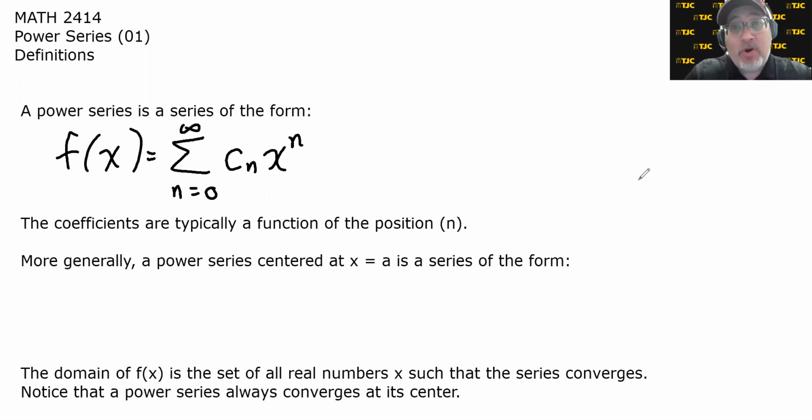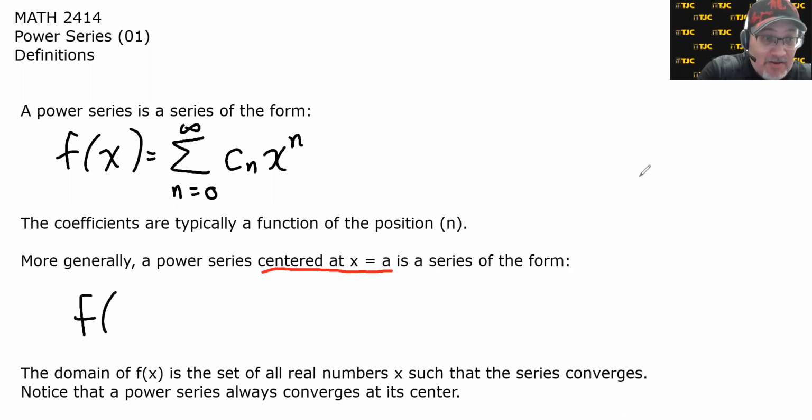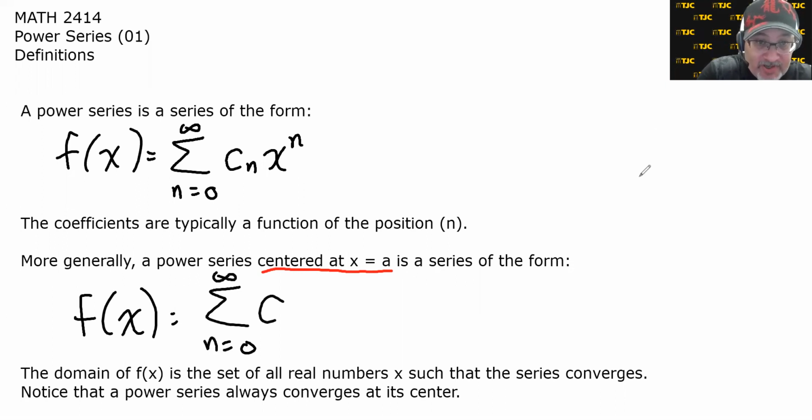But we can talk about a more general power series, a power series centered at some number, x equals a. It looks like the same definition, but the only difference is that instead of saying x to a power, you say x minus a to a power.